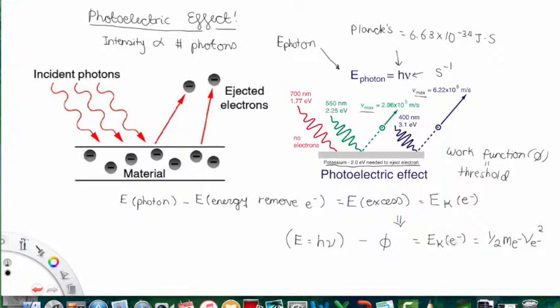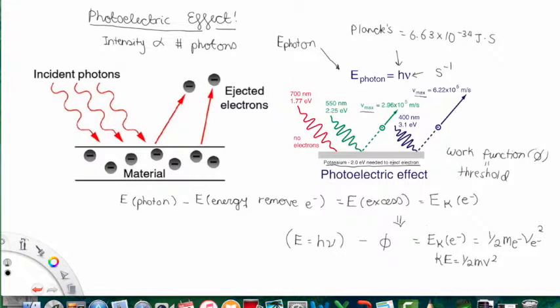And that can also be rewritten as one half m_e v_e squared, where m_e is the mass of the electron and v_e is the velocity of the electron. In classical mechanics, we know that kinetic energy is 1/2 mv squared, right? This is the exact same equation, except we're talking about the kinetic energy of an ejected electron.